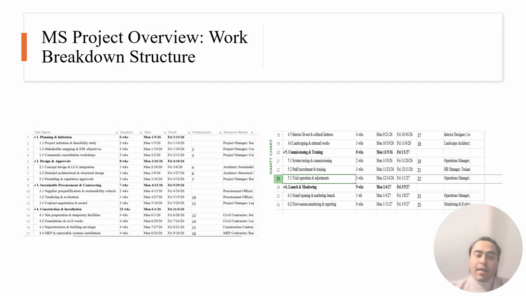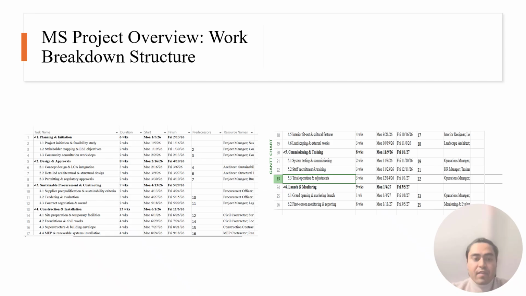In this slide, I will talk about the MS Project overview and work breakdown structure. Here you can see the task list from Microsoft Project, which is essentially the work breakdown structure for the eco-lodge. I have organized the work into 6 phases.